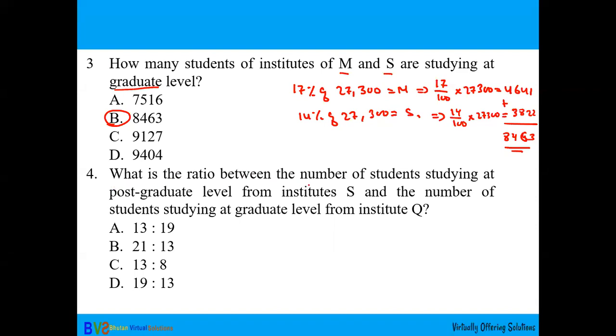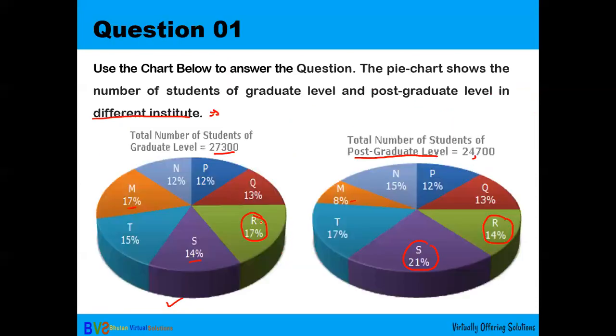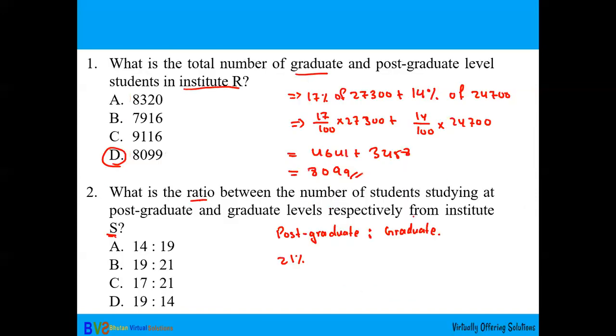What is the ratio between the number of students studying at the postgraduate level from institute S and the number of students studying at graduate level from institute Q? Now find the ratio from S to Q. For S, postgraduate, it was 21% of 24,700.